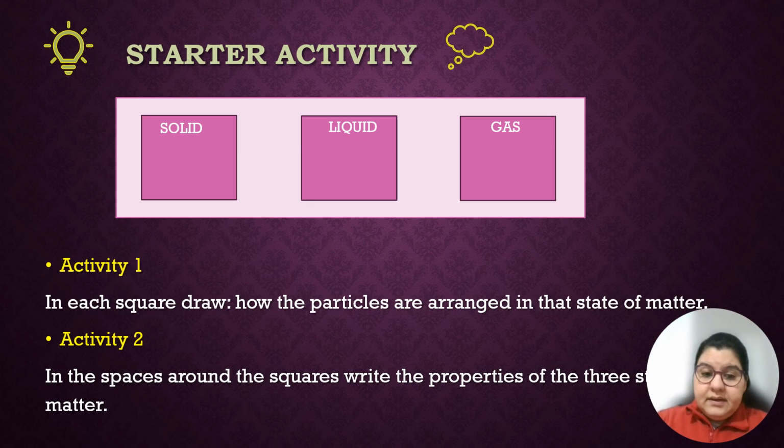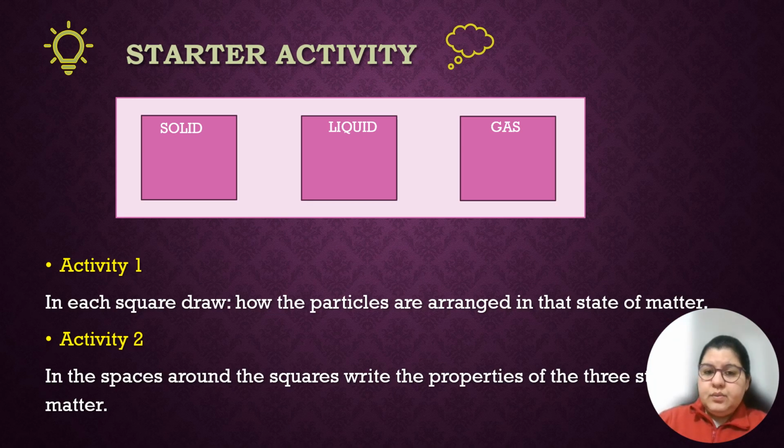Now, as a starter activity, you can see on the board that there are 3 labeled boxes. In each square, you will draw the arrangement of particles in the 3 states of matter. Yes, solid, liquid, and gas.